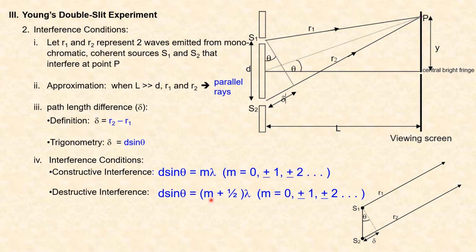And you'll see here that m, which we call the order number, when m takes on a value of 0, the difference in path length is 1/2 a wavelength. When m takes a value of 1, it's 1.5, then 2.5, and so on.